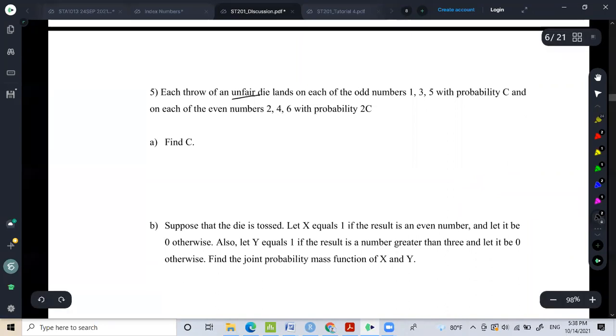So the first question is you have to find C. So how do you find C? In order to have a valid probability distribution, with all possible x's and their probabilities, after you identify them, the total probability should add up to 1. That is the condition that you have to use in order to find C. So let's write them down.